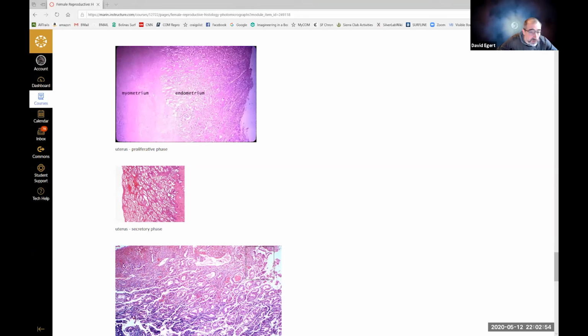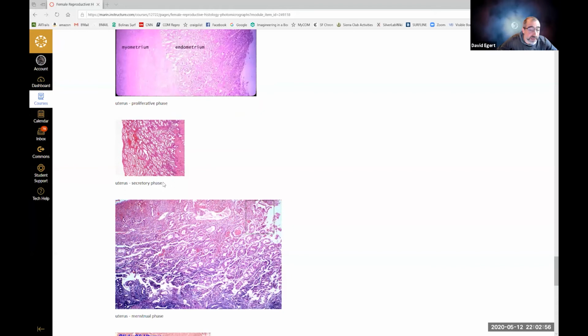I was rushing and didn't have my own slides of these, so I was looking for ones online. These aren't beautiful, but they're still showing what you need to see, the thickness of the endometrium, and all these glands are very distinct in the secretory phase.